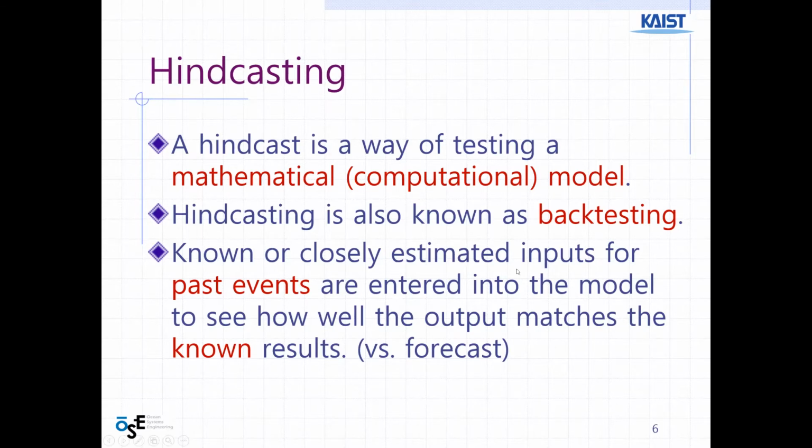Closely estimated inputs for past events are entered into the model to see how well the output matches the known results. It's different from forecasting, because forecasting is estimating future data.